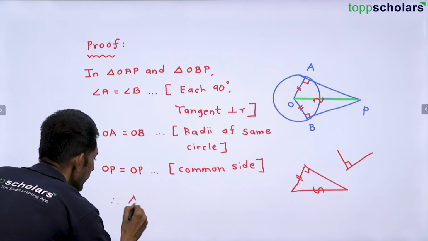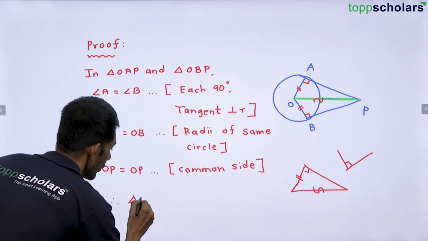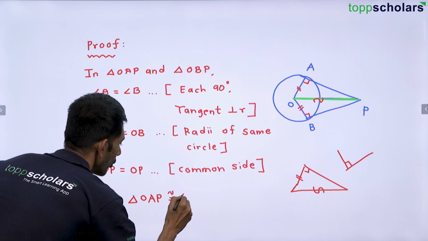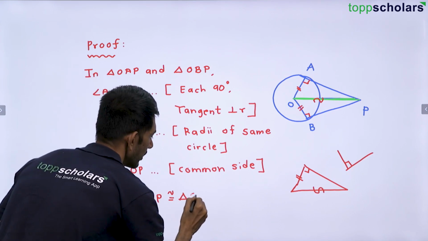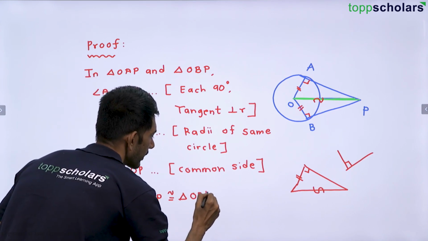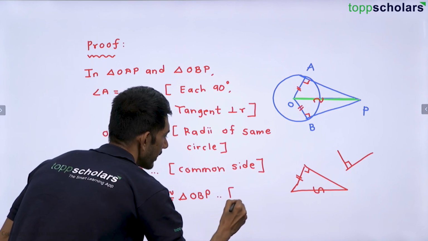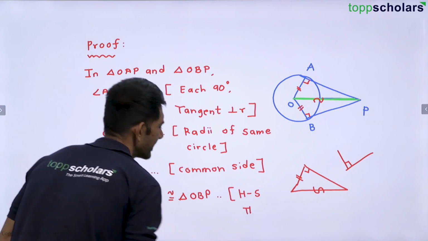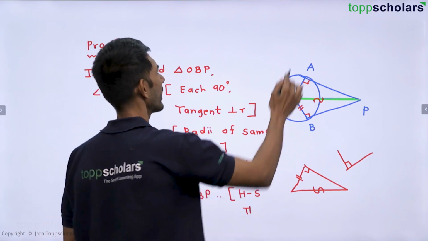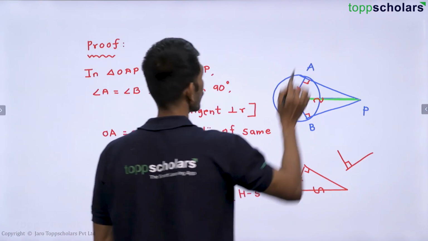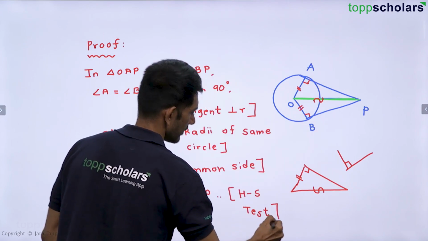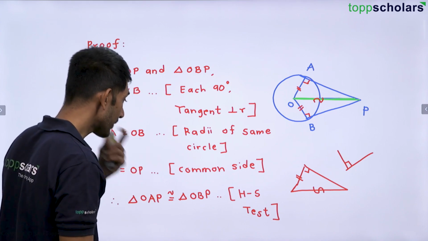Therefore, triangle OAP is congruent to triangle OBP by hypotenuse side test or theorem, you can say. Hypotenuse side test is also fine. Correct? So the two triangles are congruent now.